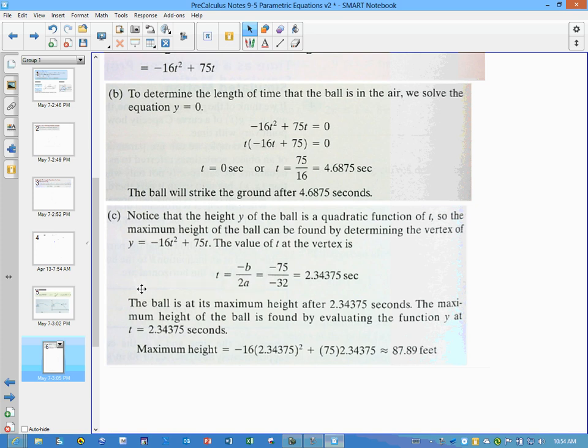When your equation is ax squared plus bx plus c, then the x value of the vertex, because the vertex is where you have a maximum or a minimum, is x equals negative b over 2a. So we can use that. Negative b would be the negative of 75 over twice the a, which is the 16. And we put that in, we get 2.34375 seconds.